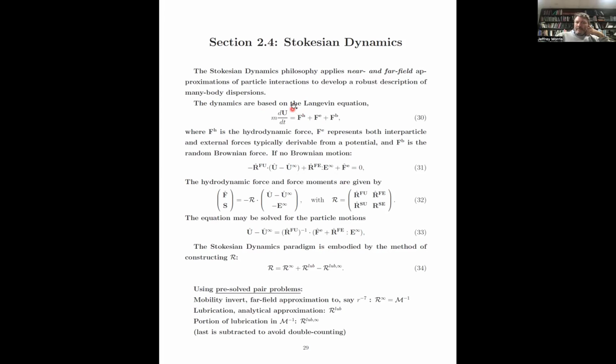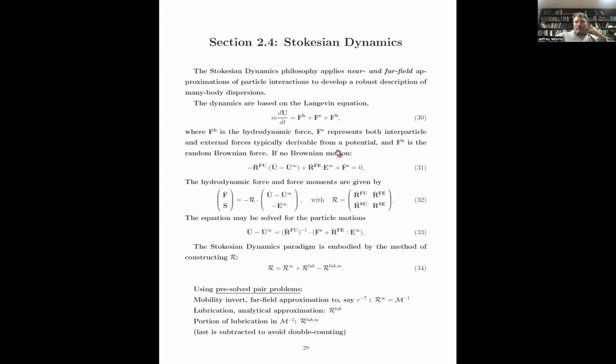The dynamics in the system is solved by a Langevin equation, where on the timescales we worry about, the left-hand side would be equal to 0. So we have a hydrodynamic force, the interparticle or external forces, and then the Brownian force. E here represents all the forces that can be described by a potential, either an interparticle potential or an external potential.